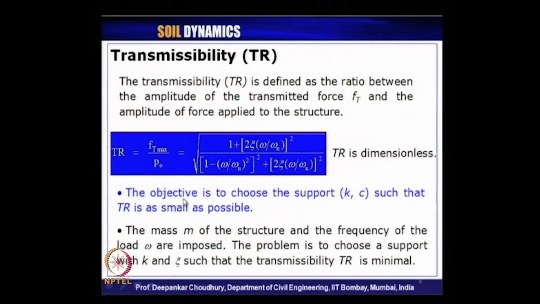Because the objective is to choose the support, that is the support involving the stiffness and the damper. When we provide a foundation, what do we make sure of? What is the stiffness provided by the foundation soil system and how much damping is provided by the foundation and soil system. So, we have control over these parameters k and c in the design, such that the transmissibility ratio is as small as possible. Why?